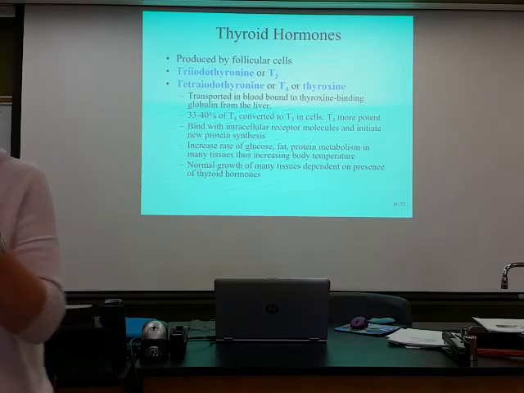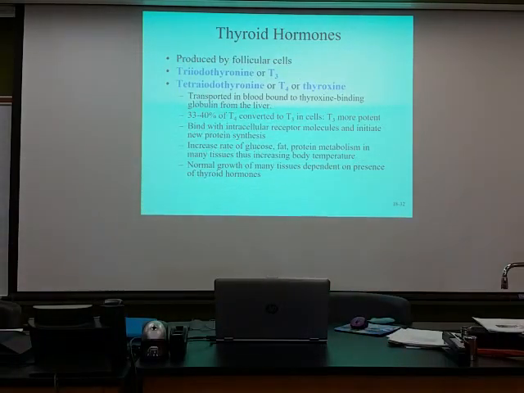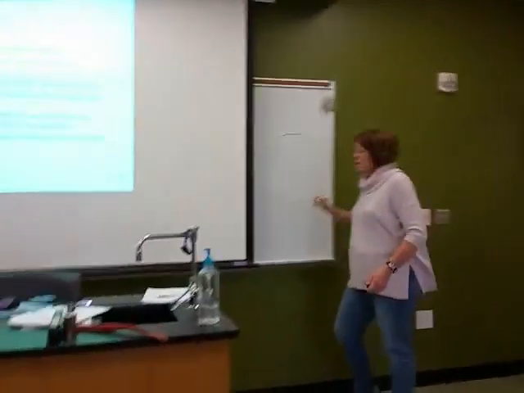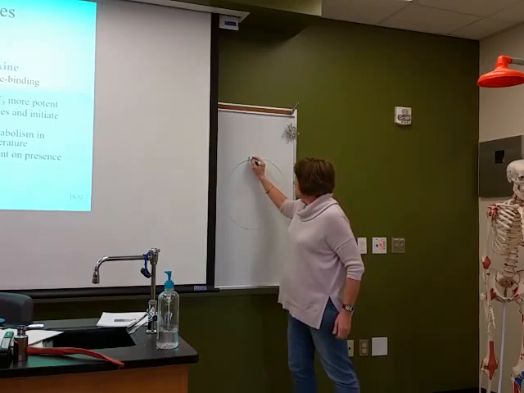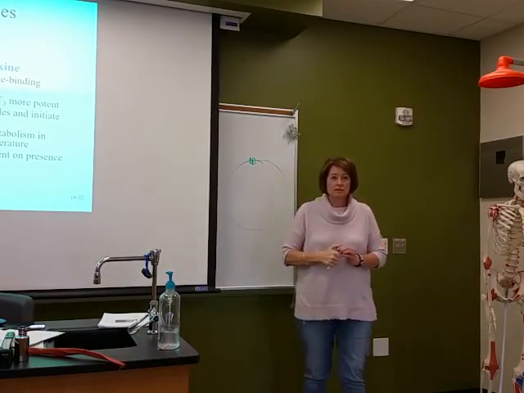Okay? And so if we have the muscle cell, all right, and let's just go back to our idea of a cell, okay? Do you guys remember on the cell how that cell has those little receptors on it?